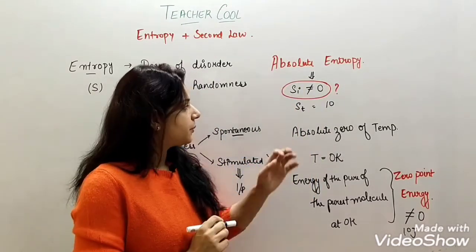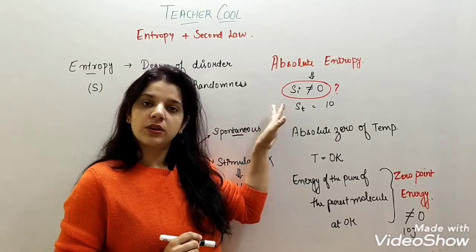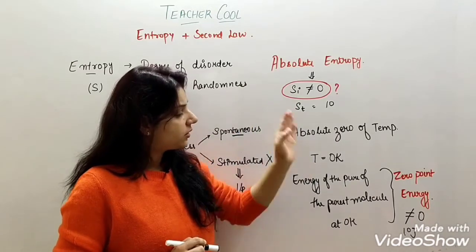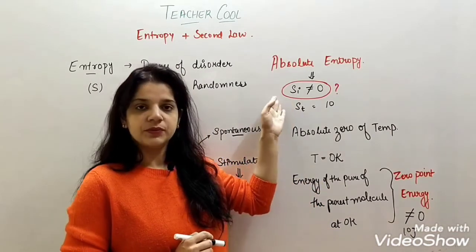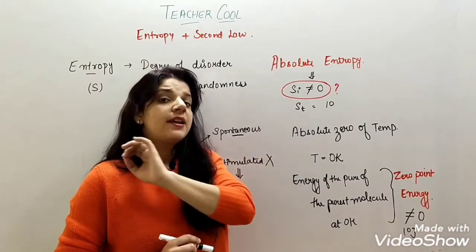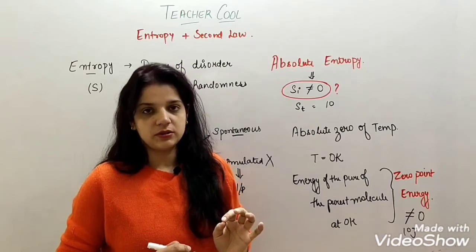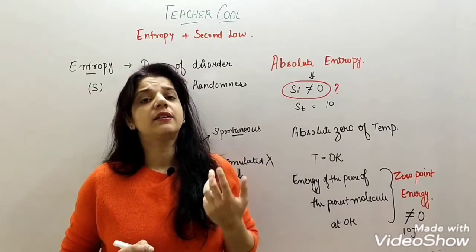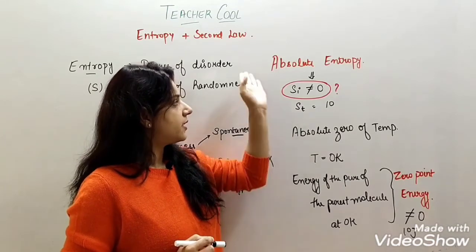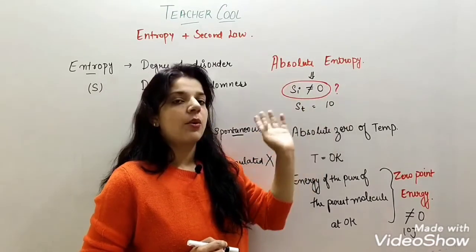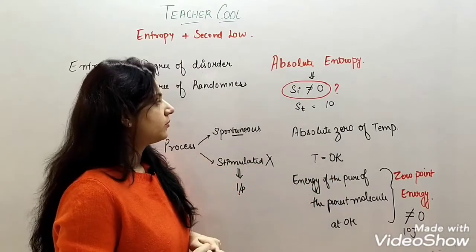Is it clear? Why it is not equal to 0? Because the 0 point energy itself is not 0, so this cannot be 0. Anything can never be in perfect order in this universe, even at the absolute 0 of temperature. So this says that the initial entropy can never be 0.